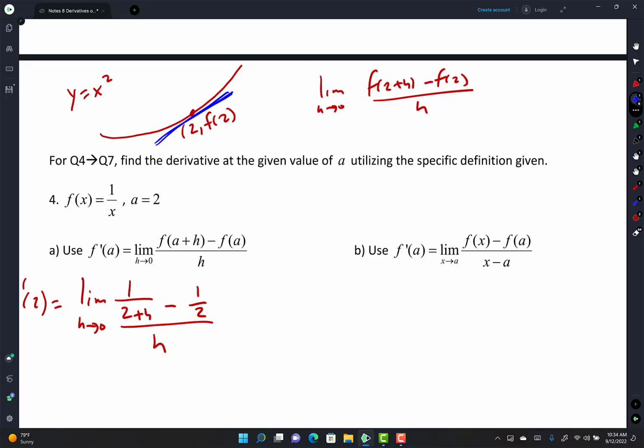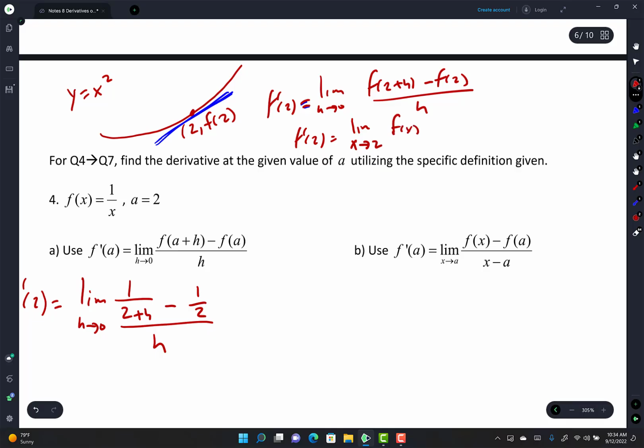That's not the only way. That is f prime of 2, right? You could also have done this. Don't write this down, just listen. Limit as x approaches 2 of f of x minus f of 2 over x minus 2. Think of that as having another point over here, and we're going to call that x comma f of x.